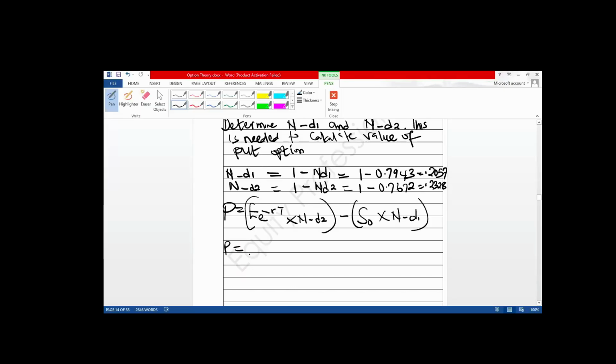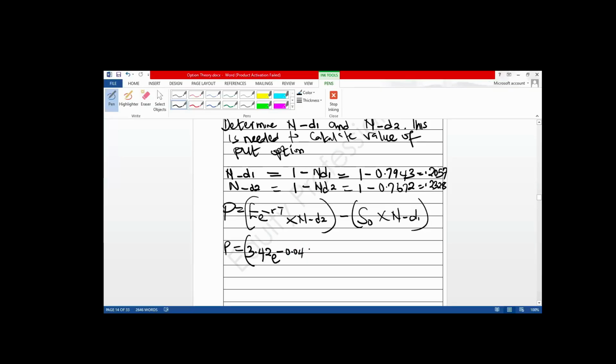P is equal to our capital E, the exercise price, 3.42. Small e, exponential function, raised to power minus our small r, 4%, that is your risk-free rate.